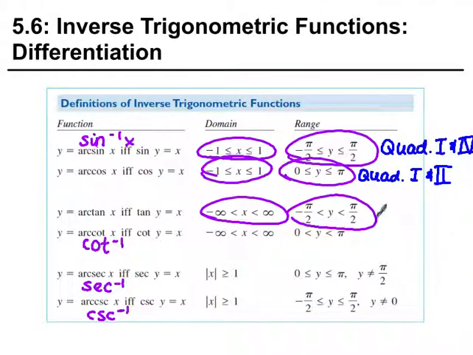And tangent is the same thing, quadrants 1 and 4. That should help, and the other ones all fit into play too. Arc cotangent would be quadrants 1 and 2, arc secant quadrants 1 and 2, and arc cosecant quadrants 1 and 4.